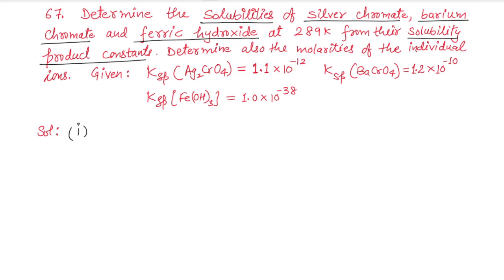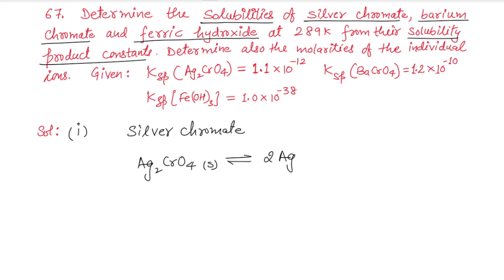Silver chromate, its molecular formula is Ag2CrO4. When it is dissolved in water, it gives 2 Ag plus ions and 1 chromate ion, right?